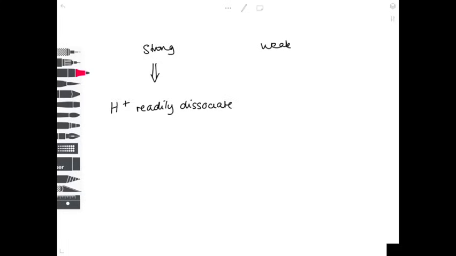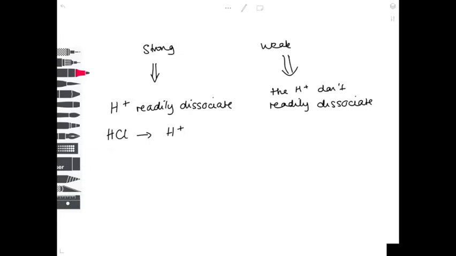And what that really means in layman's terms, if you have hydrochloric acid, that is a strong acid, and it will extremely easily give up all of its hydrogen ions, or pretty much most of them. Whereas with a weak acid, you find that the hydrogen ions don't readily dissociate. They don't enter the solution easily, and they stay combined with their other ions.